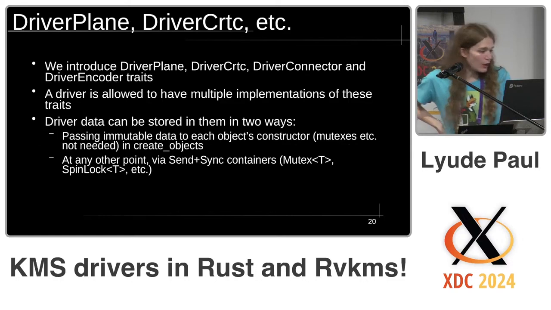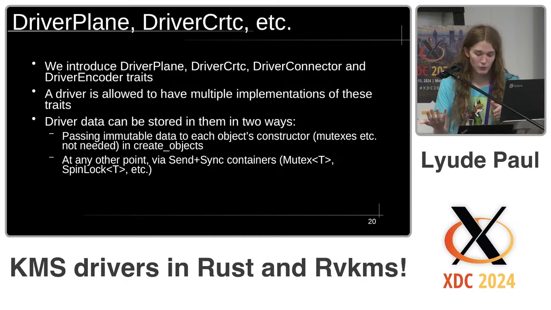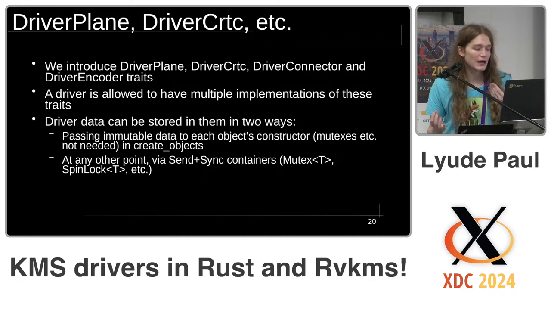So on the actual Rust side, this is done with a number of traits: driver plane, driver CRTC, etc. And a driver is allowed to have multiple implementations of these traits, so to be able to handle multiple different subclasses. Driver data can be stored in them in two ways. The first is being able to pass immutable data to each object's constructor.